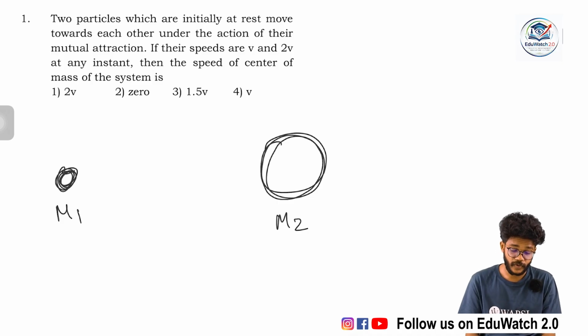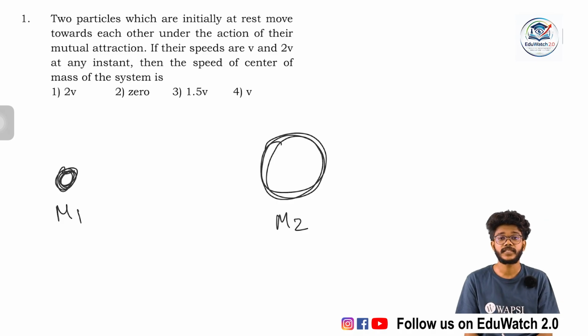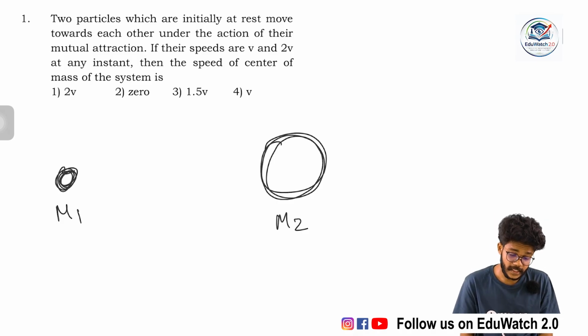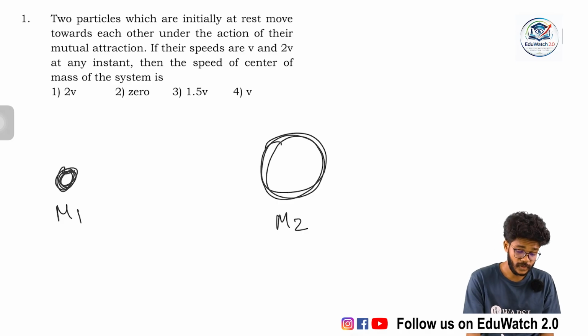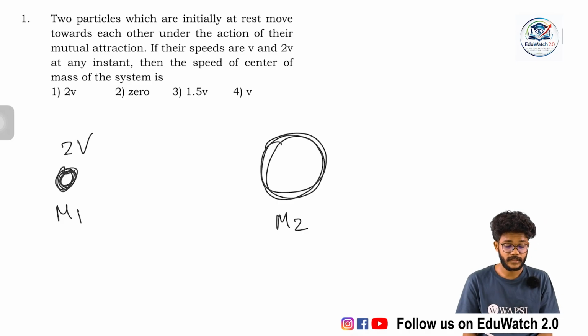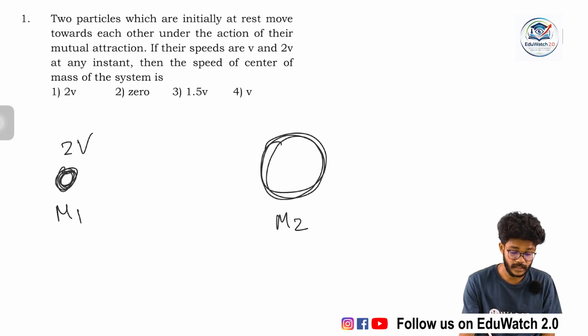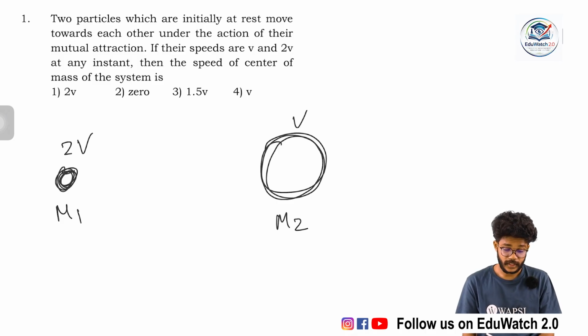The force is the same on the two objects, but the mass and the velocity are different. We know that the greater velocity has the lower mass. So this is the mass with the 2v velocity and this is the mass with the v velocity.